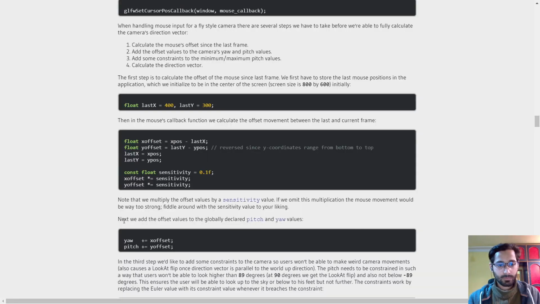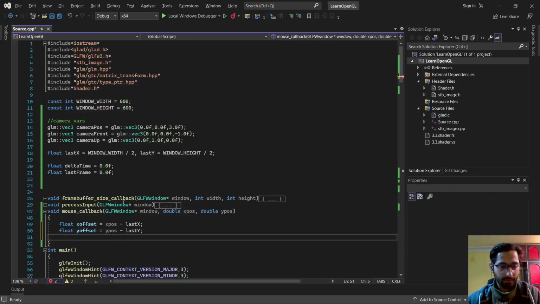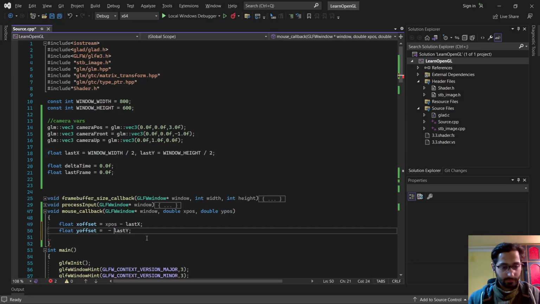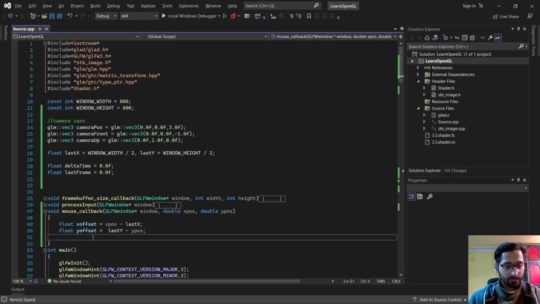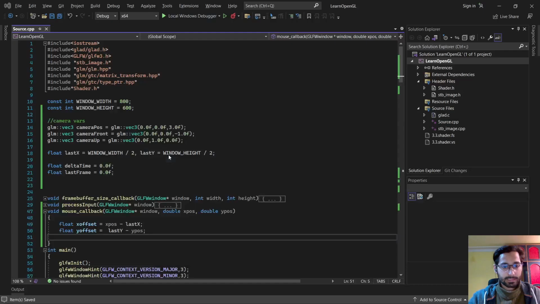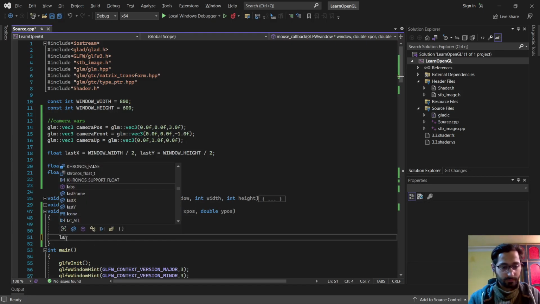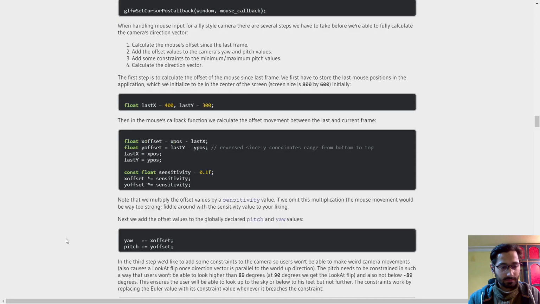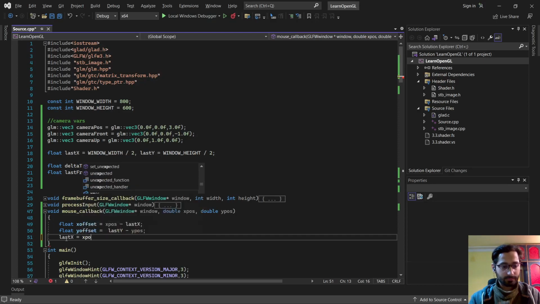Wait, what? Reversed since y-coordinates range from bottom to top. That was an easy mistake to make. Cool. Then we do lastX equals xpos, so for the next time, set these. lastX is equal to xpos.